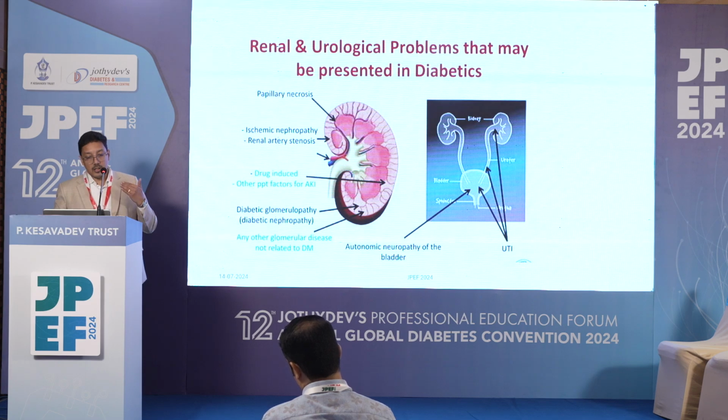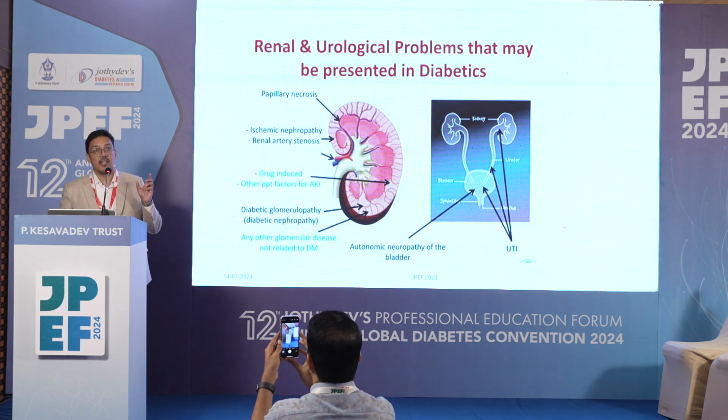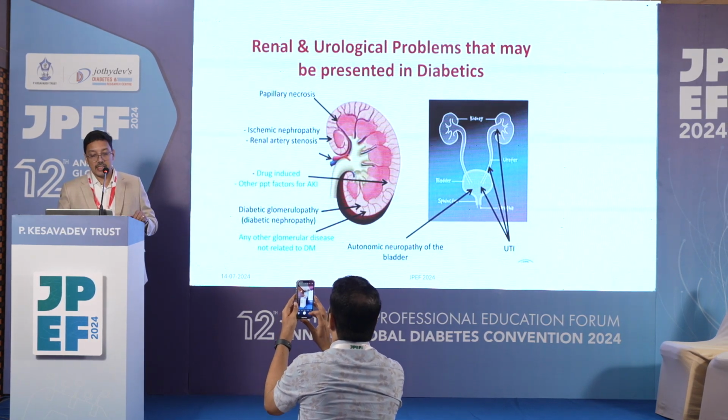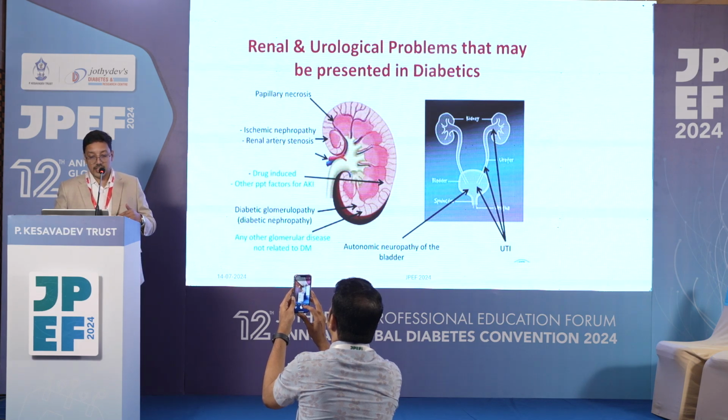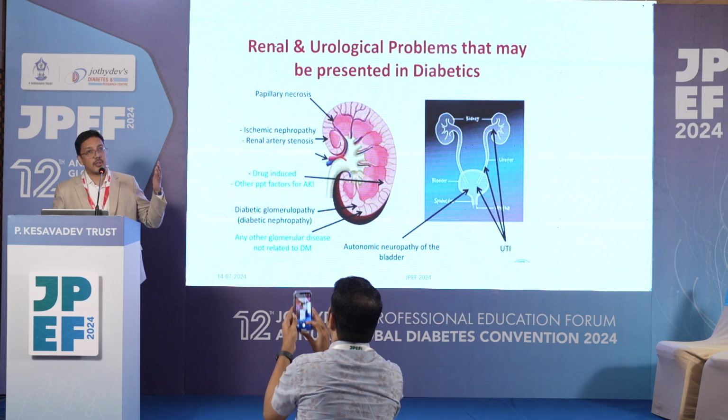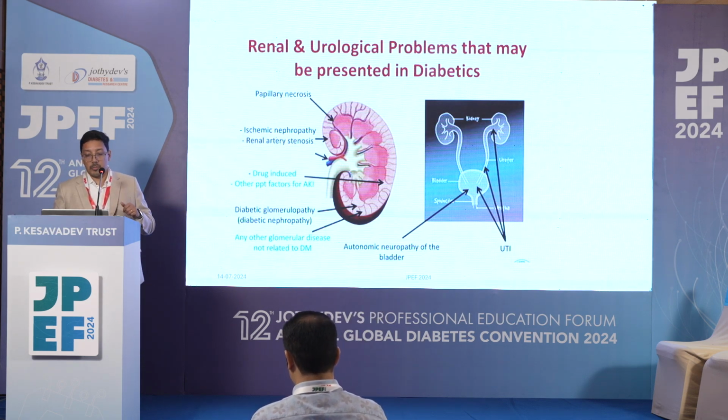Apart from diabetic glomerulopathy, you can have papillary necrosis, ischemic nephropathy, renal vascular disease, and drug-induced injury, because diabetic patients are more prone to nephrotoxicity by drugs. It can be any other glomerular disease which you can see in the general population. And the urological problems you come across can be autonomic neuropathy of the bladder, or UTI.